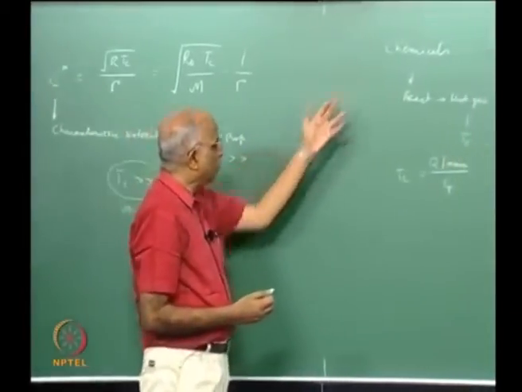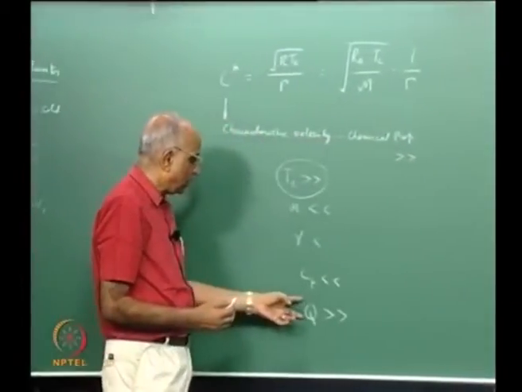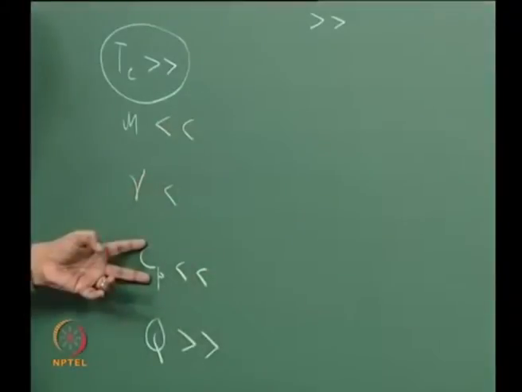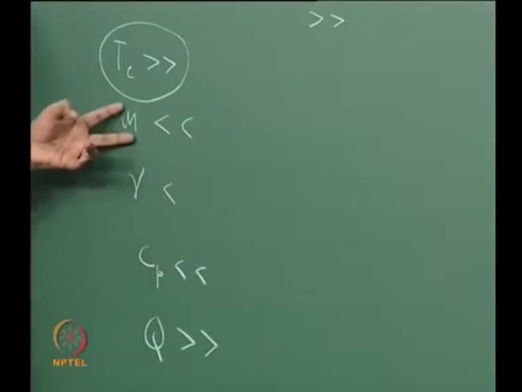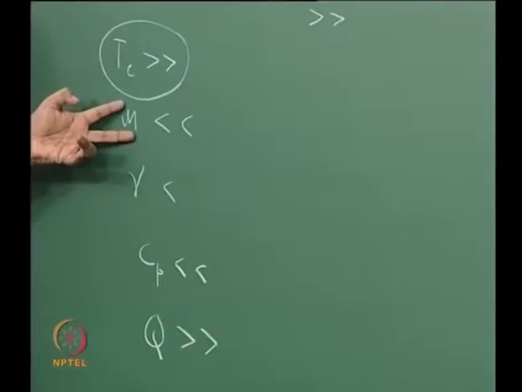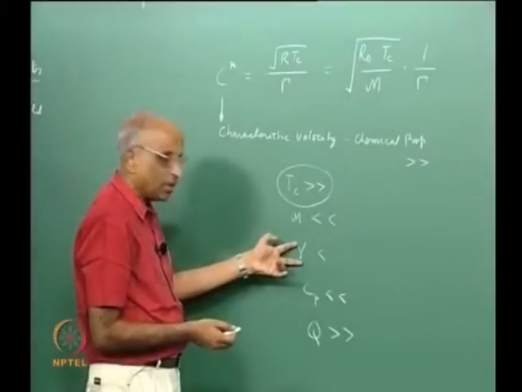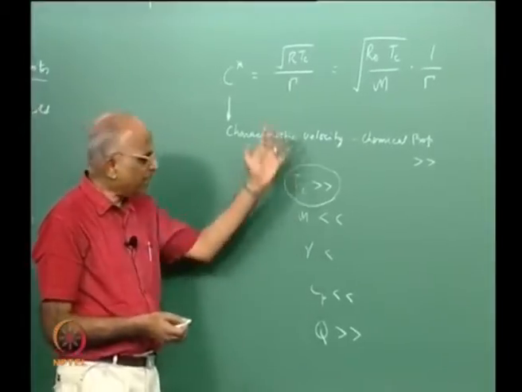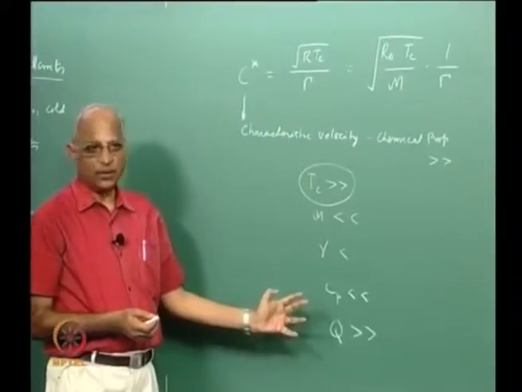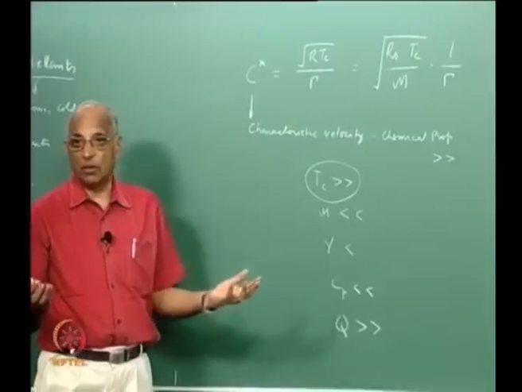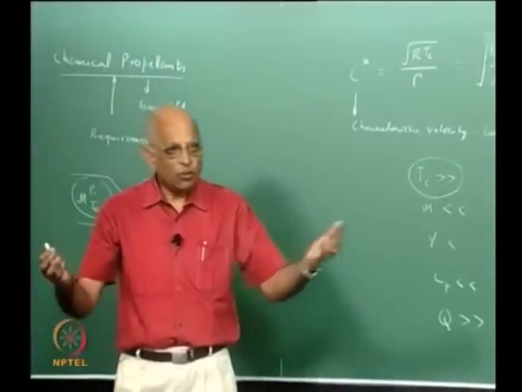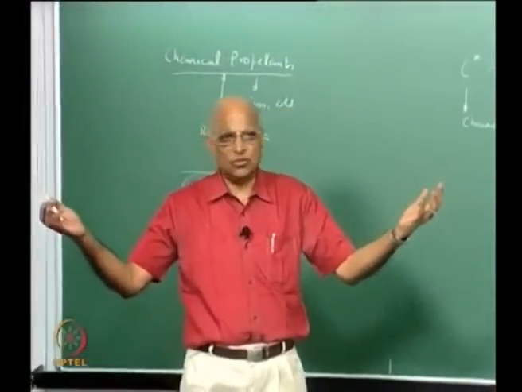Well, the chemicals should have a large value of heat release, a small value of specific heat, maybe a small molecular mass of the product gases which are generated, a high value of the temperature, and perhaps a small value of gamma. If we can address all these points together, maybe I could have a chemical or a few chemicals out of the maybe millions of chemicals which are available.